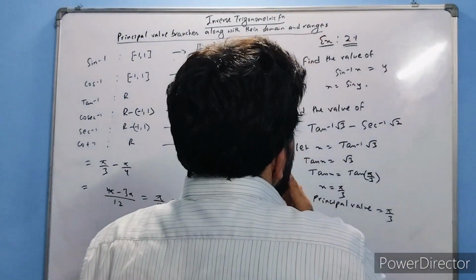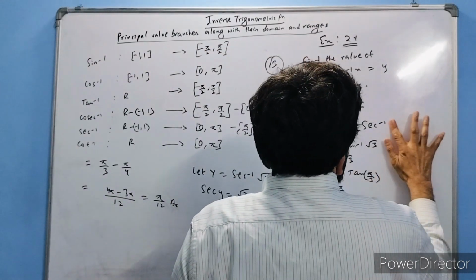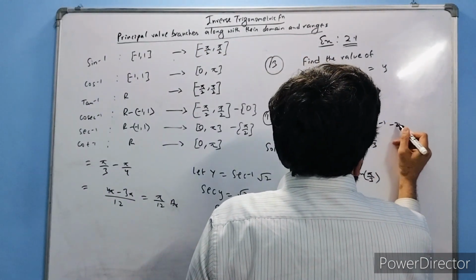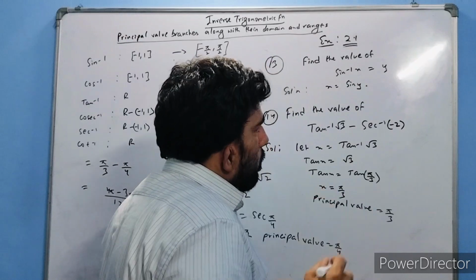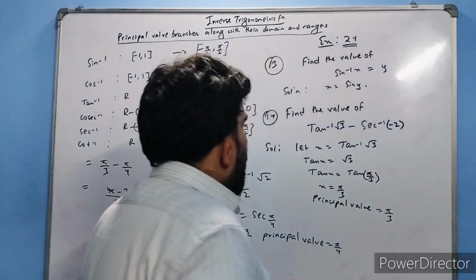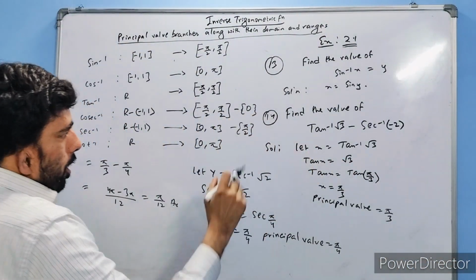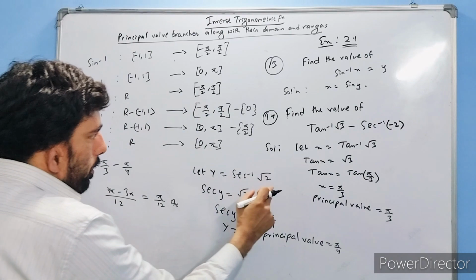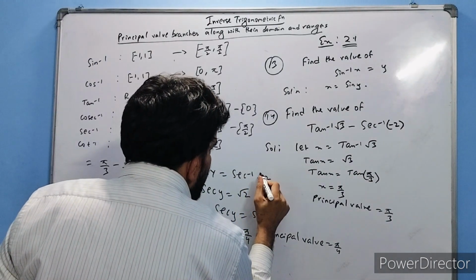Now we have a different question. So the question is now tan inverse root 3 minus sec inverse minus 2.